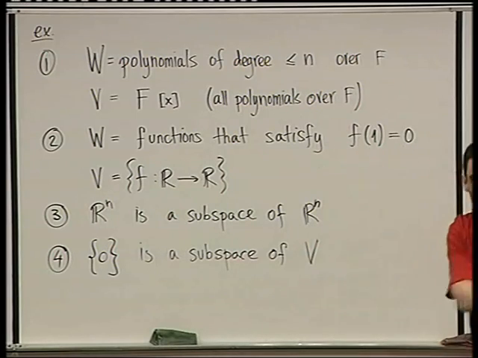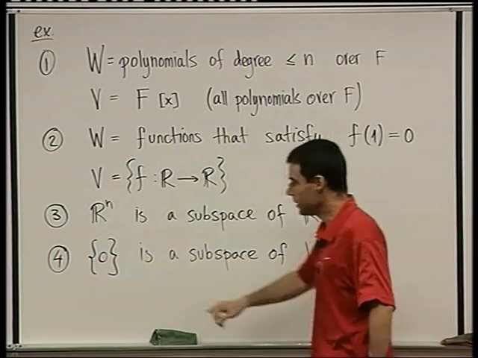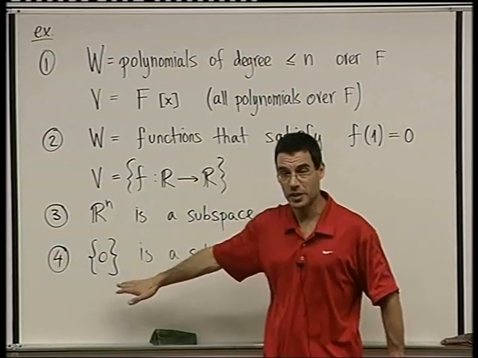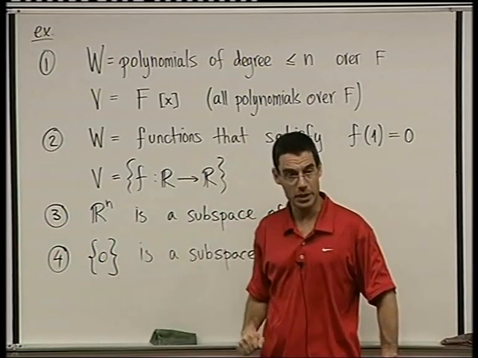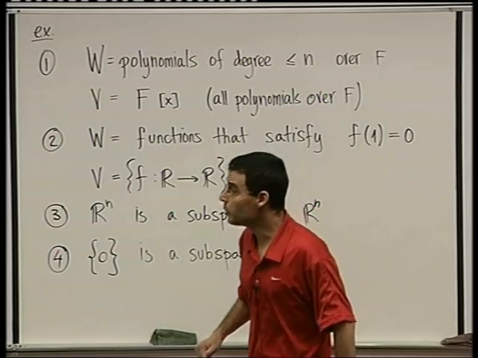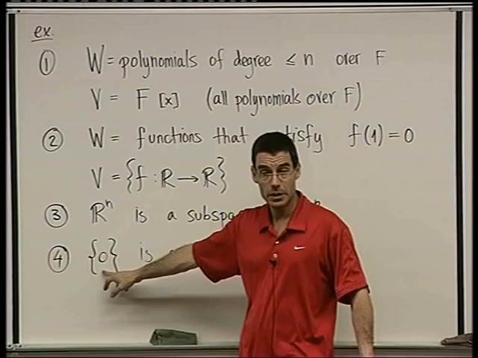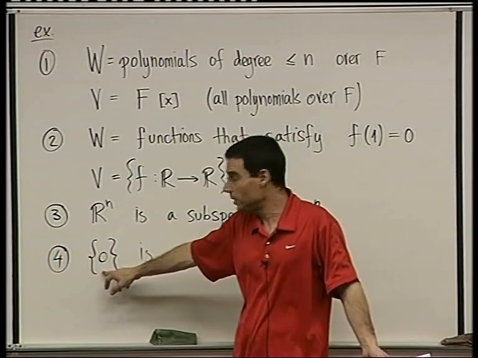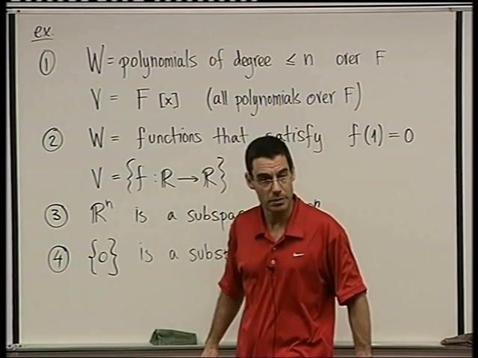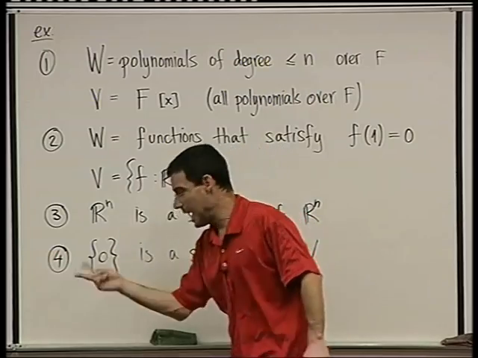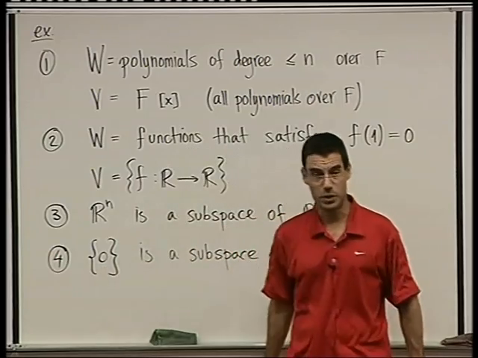Well, you have to trace all the axioms. Well, the easiest one is to see that 0 is there, because we took it, right? But is it true that 1 times v equals v for any v here? Yeah, because the only v here is 0, and 1 times 0 is 0, right?